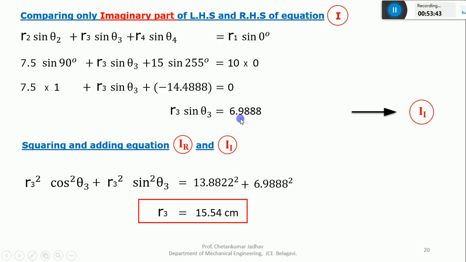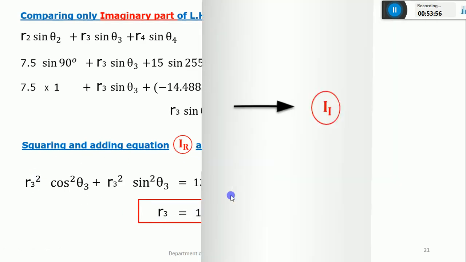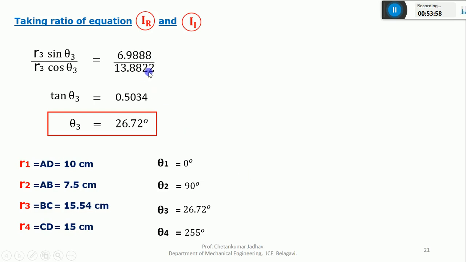After getting these two equations, the real and the imaginary, just square and take the summation of LHS and RHS. Squaring and adding the two equations, you will get the value of r3, and just take the ratio of the same equations, you will get theta 3. So you got r3 as well as theta 3. You got all the 4 values. So this is with respect to only the first equation.